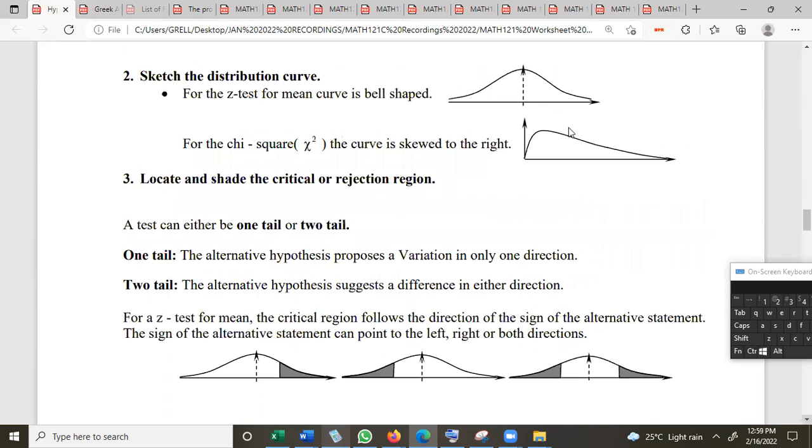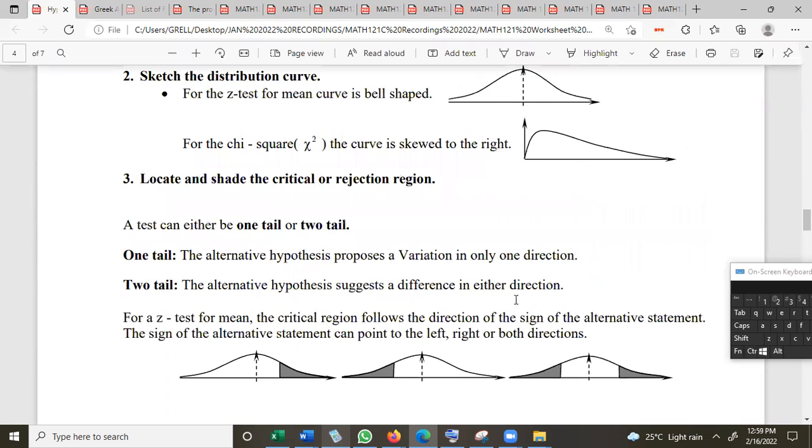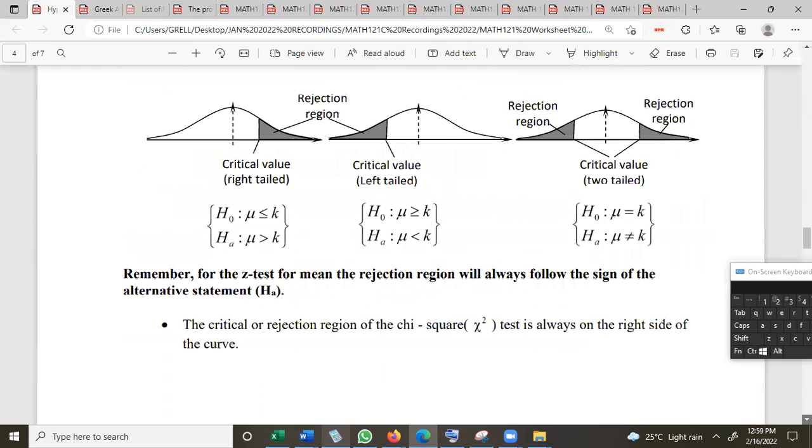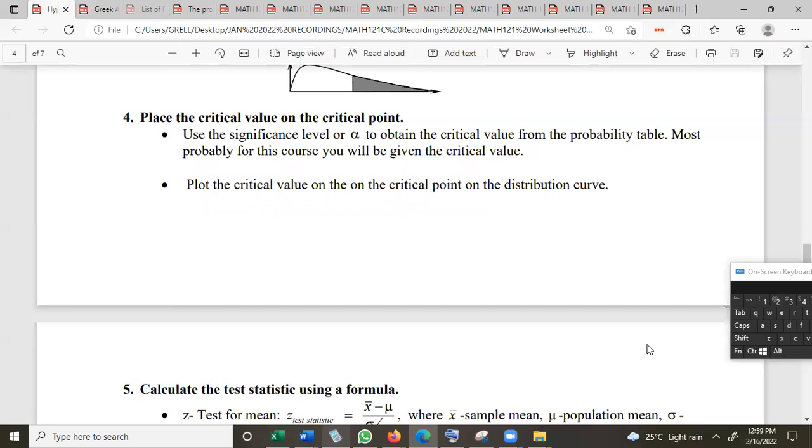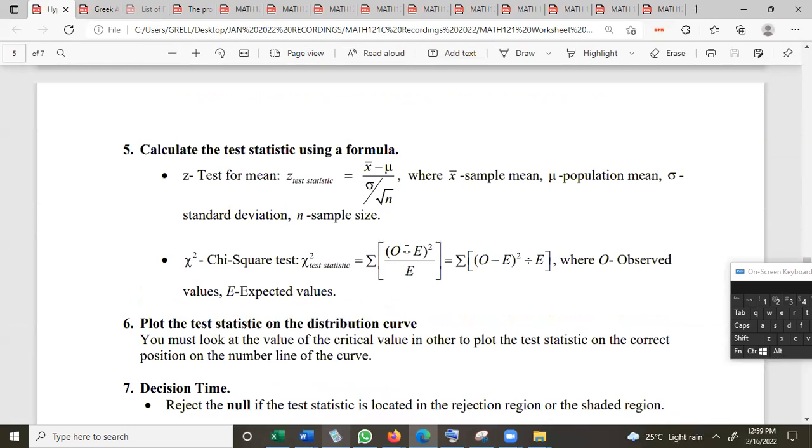The next step, you have to sketch a curve, a distribution curve. Third step, there's called a critical region that has to be shaded. Okay, we'll talk about that. Fourth, you have to place a critical point, a critical value on the curve. And 5, you have to calculate what you call a test statistic. Here's the formula for the z, and here's the formula for the chi.